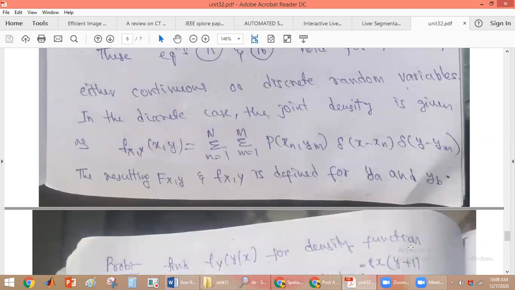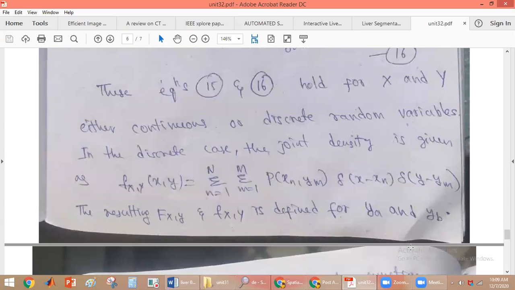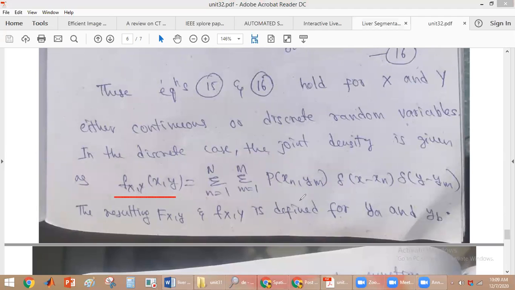In the discrete case, what is the joint density function? We have discussed this. It is the summation n equals 1 to N, summation m equals 1 to M, p of xn comma ym, delta of x minus xn, delta of y minus ym.